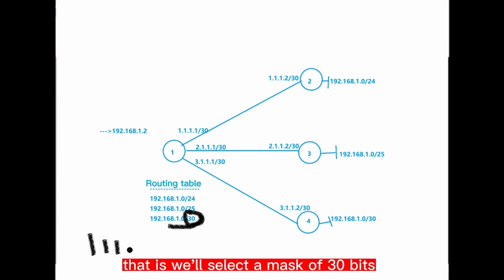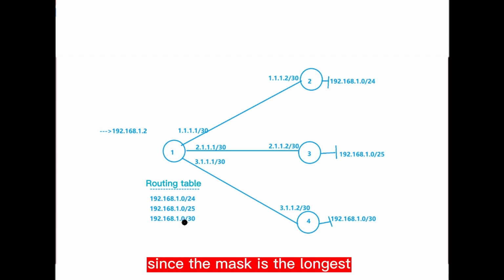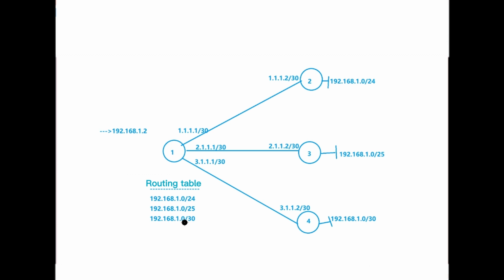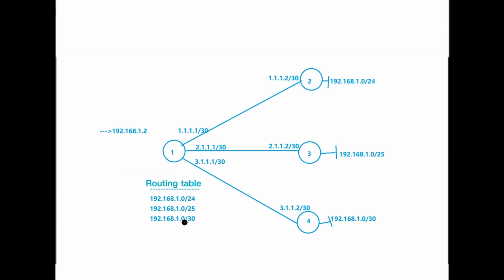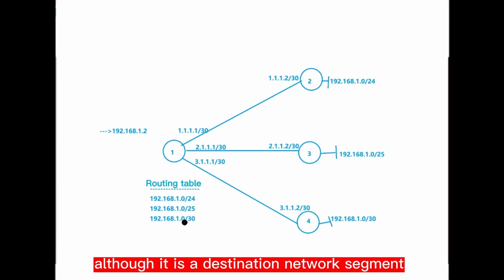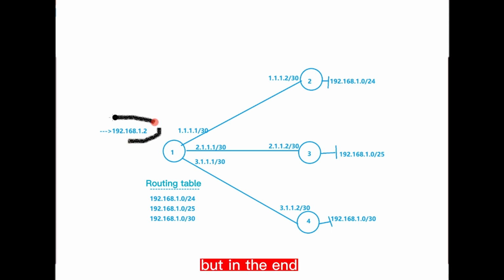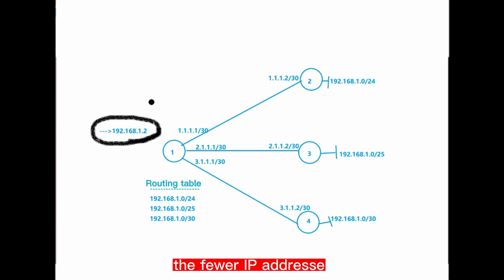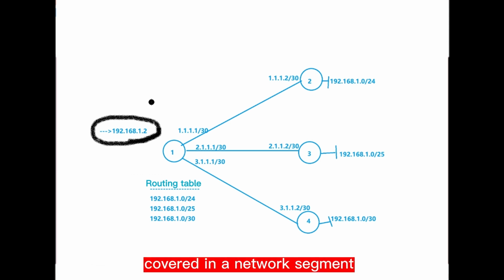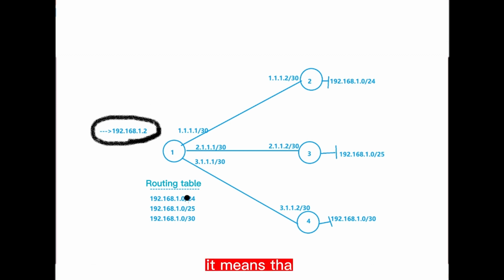That is, we'll select the mask of 30 bits. Since the mask is the longest, it represents a longer network part and fewer hosts. Although the destination is a network segment, in the end it is still a precise destination IP address. The fewer IP addresses covered in a network segment, the more accurate that network segment is.